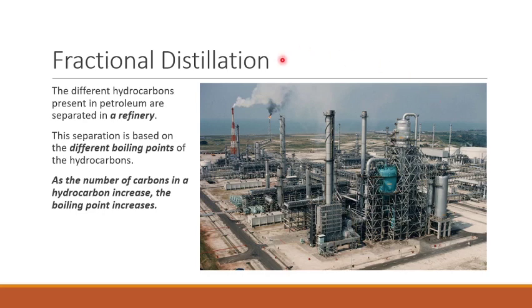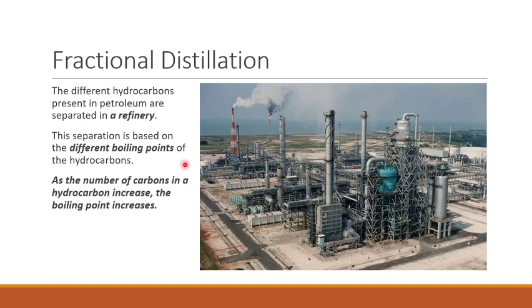So we take the oil after being extracted into a refinery. We perform a process called fractional distillation. The separation is based on different boiling points. So this process is a physical process. We need to memorize: fractional distillation is a physical process.